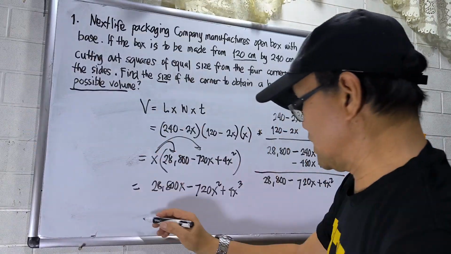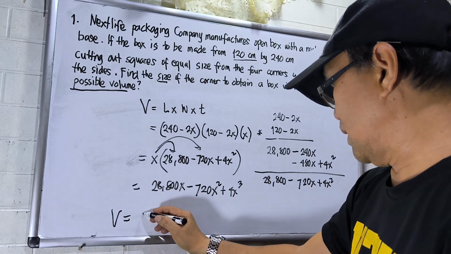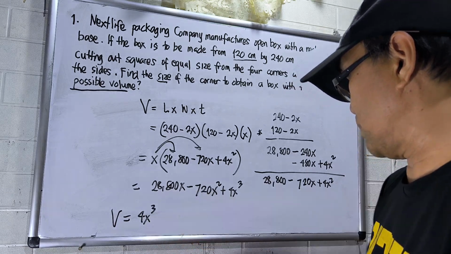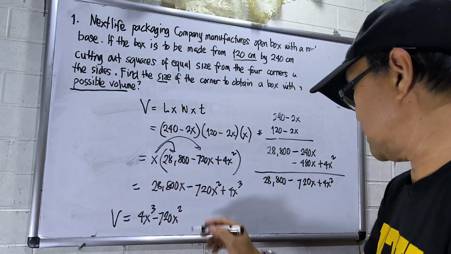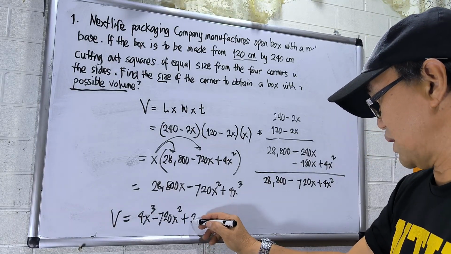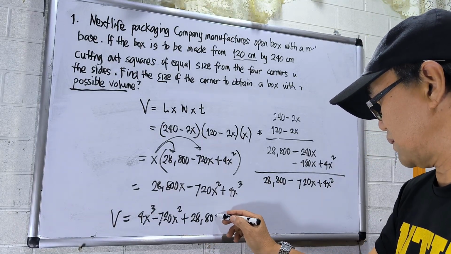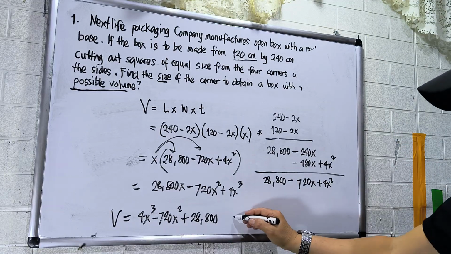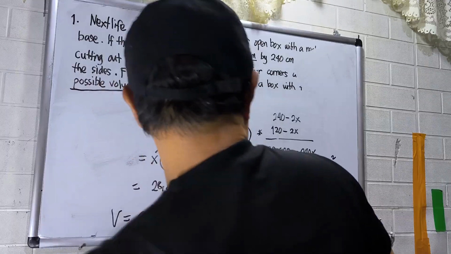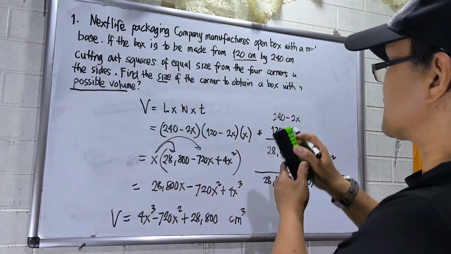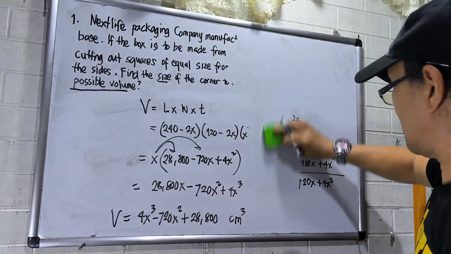So the volume will be equal to 4x cubed minus 720x squared plus 28,800x, in cubic centimeters. But we are asked to find the greatest possible volume, so we need to differentiate this.